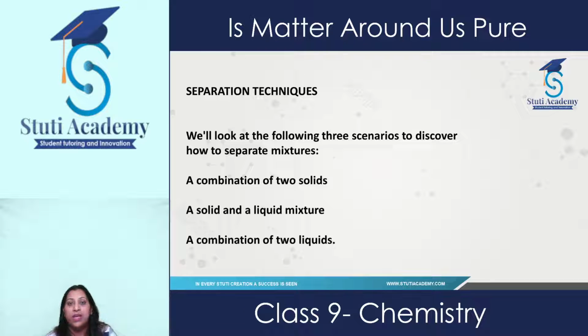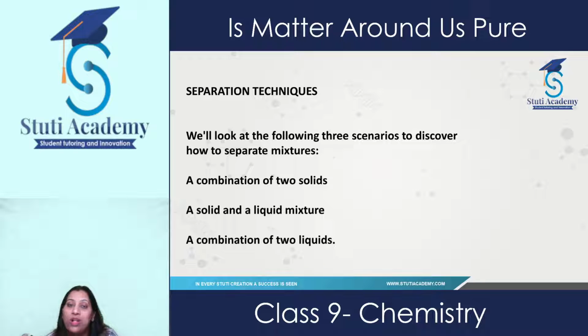Apart from this, we consider the physical state of the components, what type of physical components are present in them. Then the difference in the properties of various components. Components which are present in mixtures have different properties. So by keeping all these points in mind, we'll use techniques for separating the mixtures.